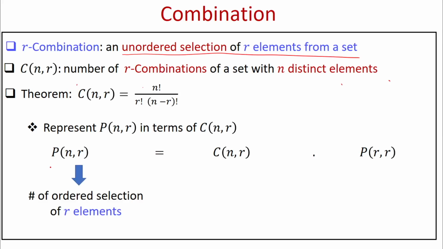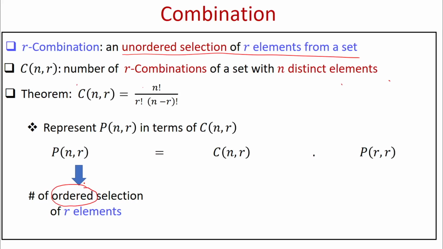Why so? The left hand side is the number of ordered selections of r elements from a set of n elements.